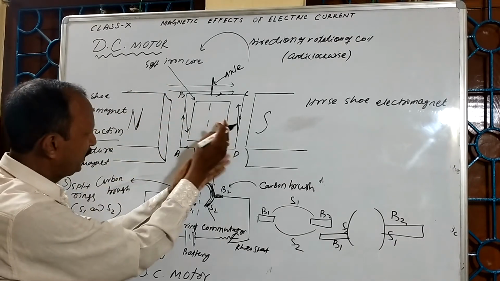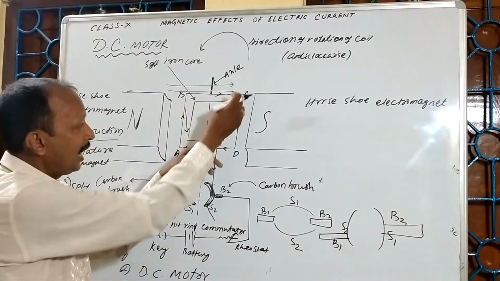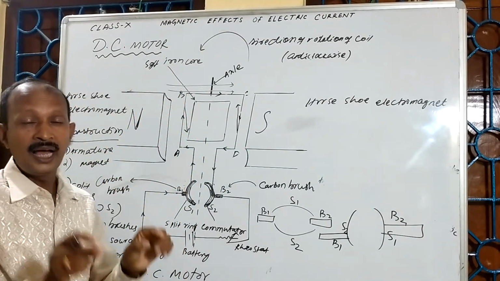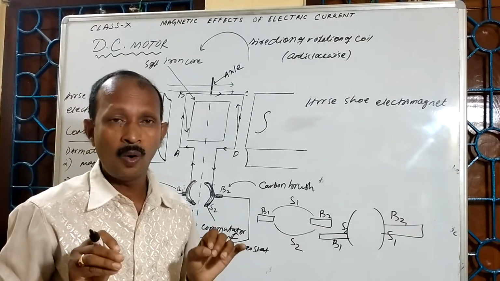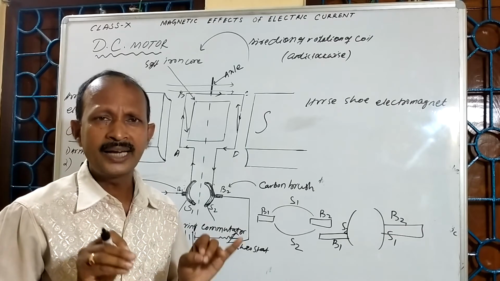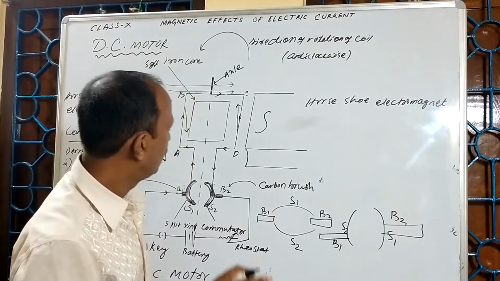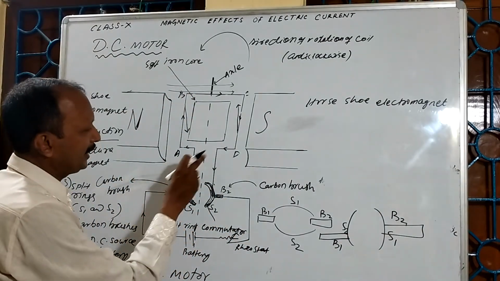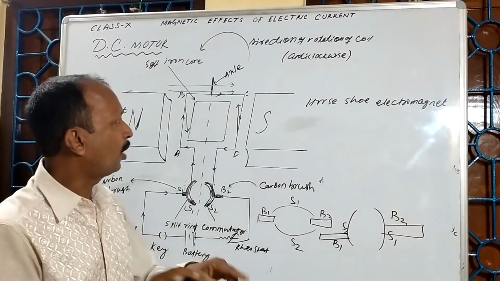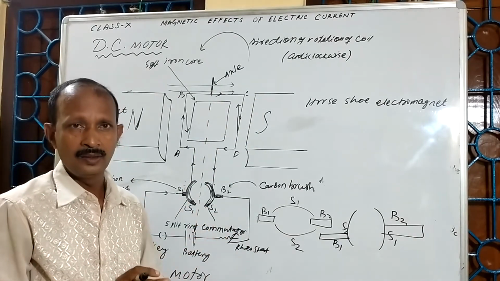But after 180 degrees on this side AB, it is acting upwards, and this side, when it comes to this side, it is acting downwards. As a result, the coil continues to rotate in one direction. Here, after half cycle, the direction of the current is changing, but the coil will rotate continuously in anti-clockwise direction.